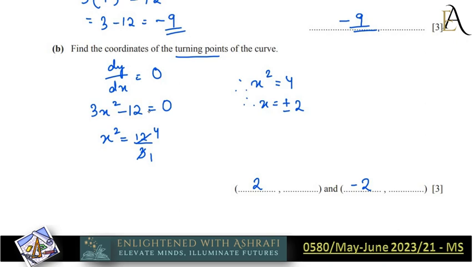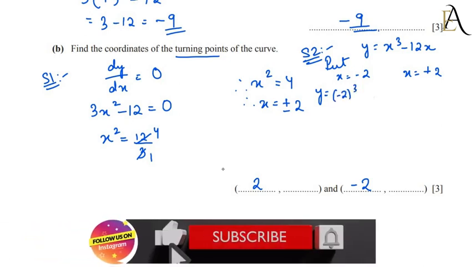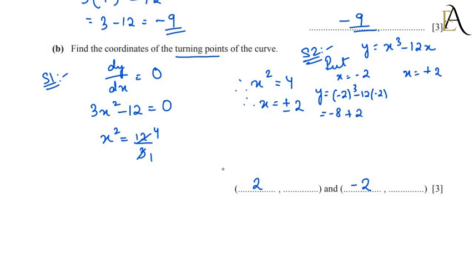Now put these values of x. So this is your step 1. This is step 2, where you put the values of x equals minus 2 and x equals plus 2 in our original equation, that is y equals x cubed minus 12x. Y equals minus 2 cubed minus 12 into minus 2, which gives me minus 8 plus 24, that is 16.